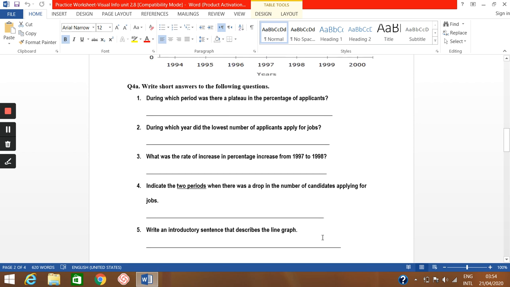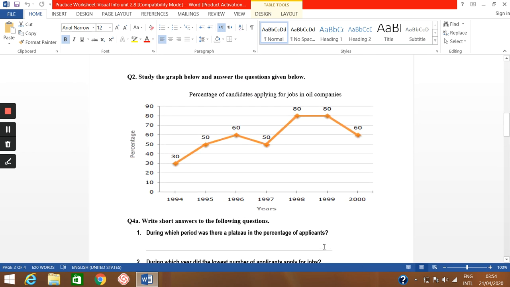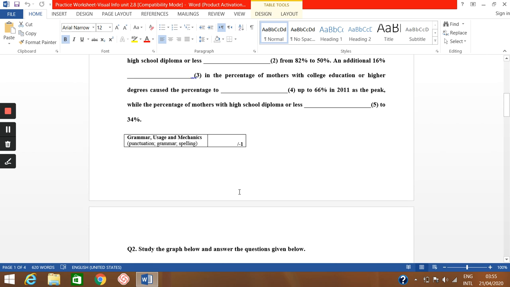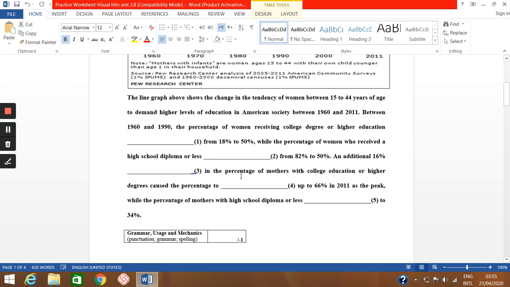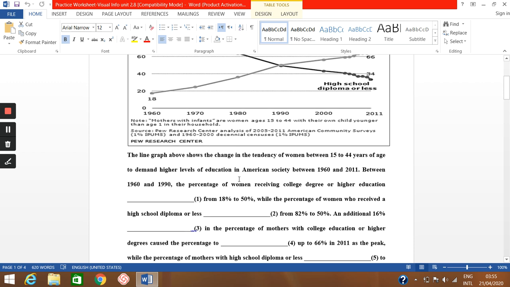So this is what you need to deal with when you want to deal with visual information, particularly when you want to concentrate on using or describing certain charts, whether it's a line graph or pie chart or table or whatever. So I'll send you the answers to these activities so that you can practice them by going over them once again, and you can check your answers in the module answer that you will get on a separate file.